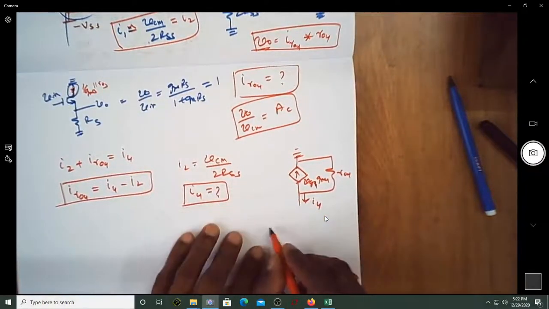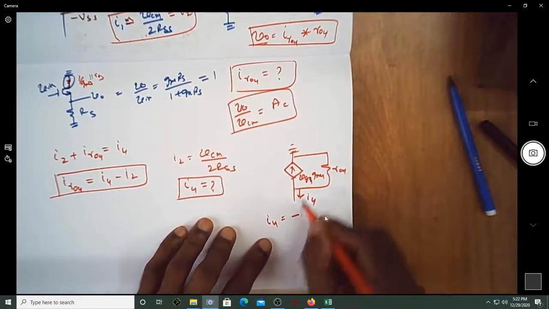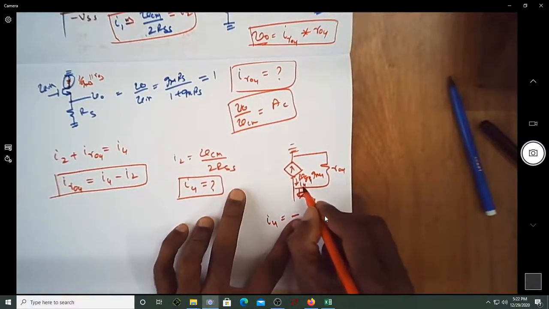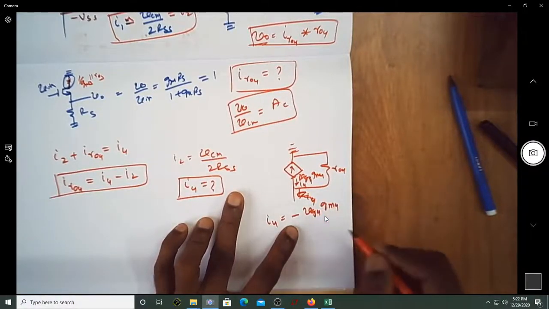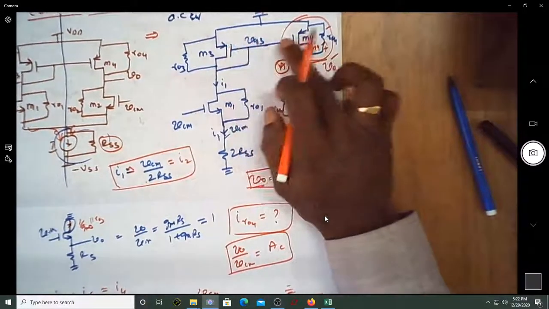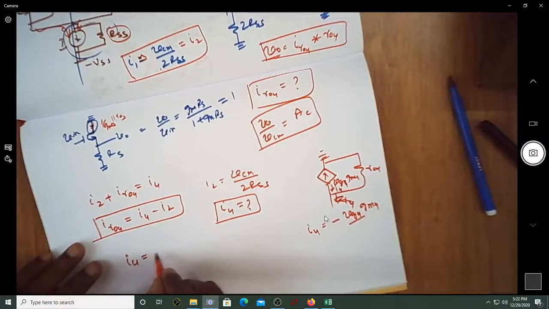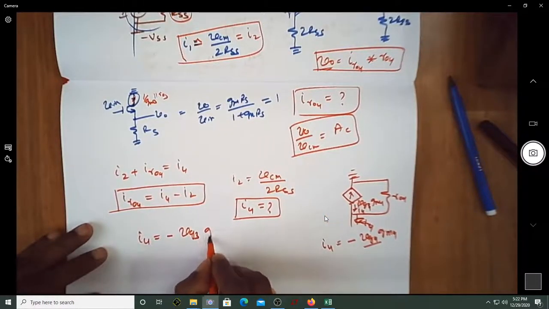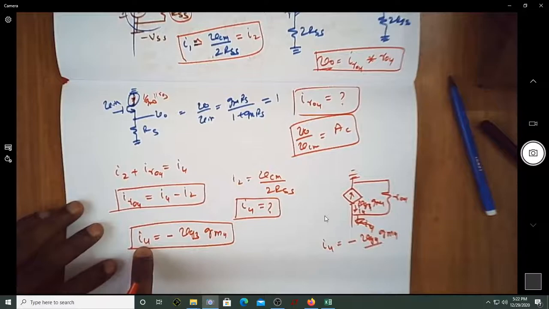So shall I now write I4 as equal to minus VG4 into gm4? What is this VG4? VG4 is equal to VG3, because both the gates are shorted. So I will write I4 as equal to minus VG3 multiplied by gm4. This is the expression for I4.